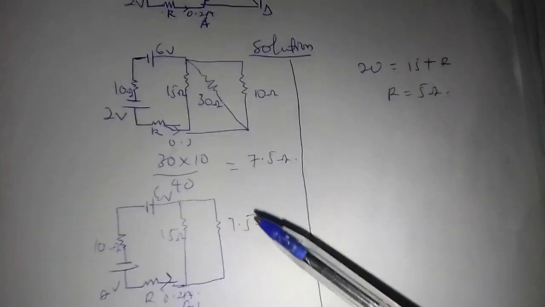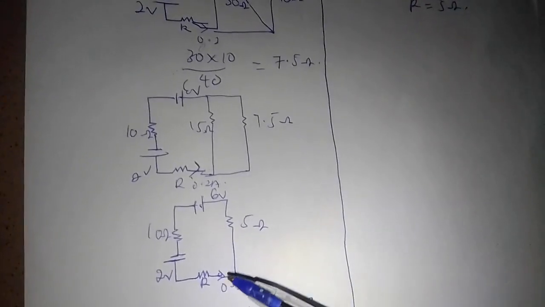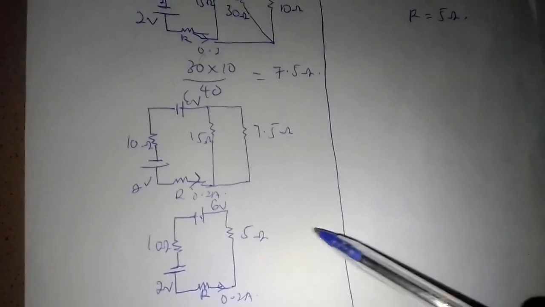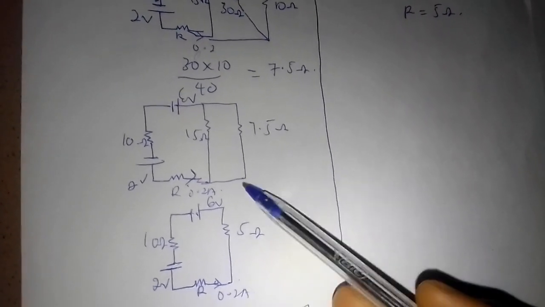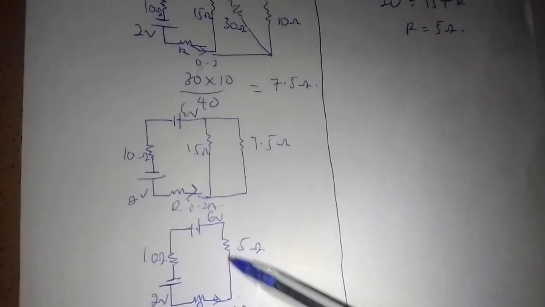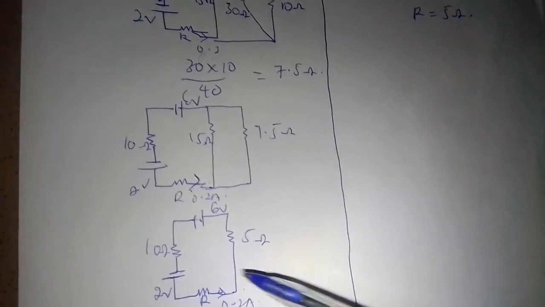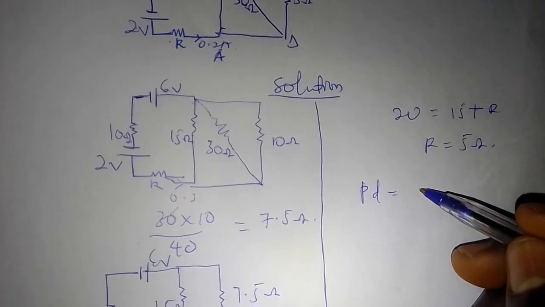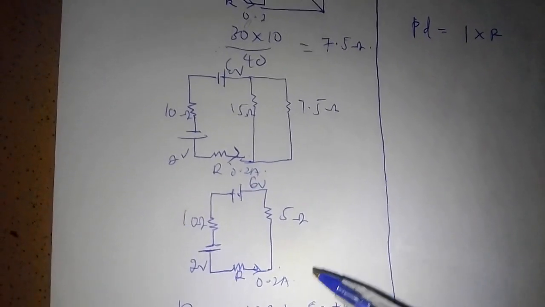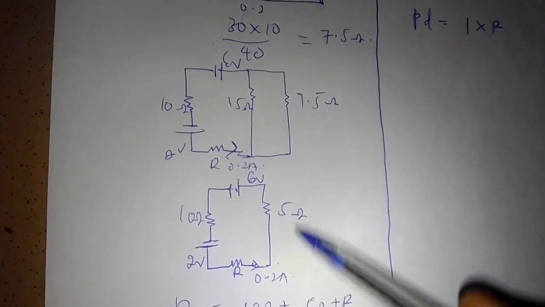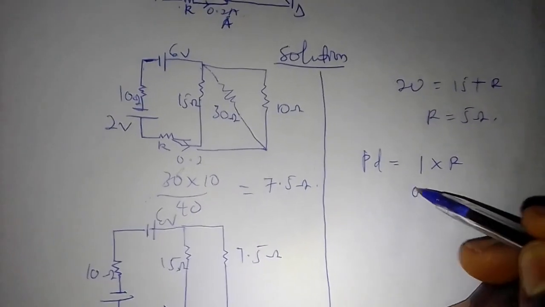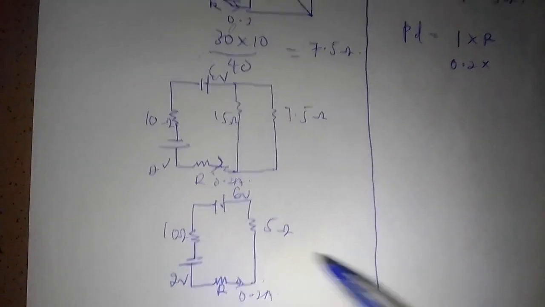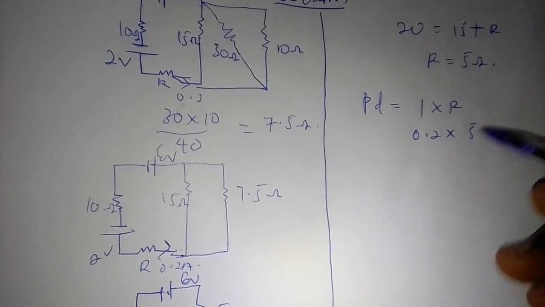In our redrawing part, we arrived at this circuit, which is combined to this point A and B. So we have to find the potential difference between this part, and the potential difference PD is simply equal to I times R, where I is the current through that branch, and the current through that branch here is 0.2 amperes. So 0.2 amperes times R, and our R is 5, and this is going to give us 1 volt.